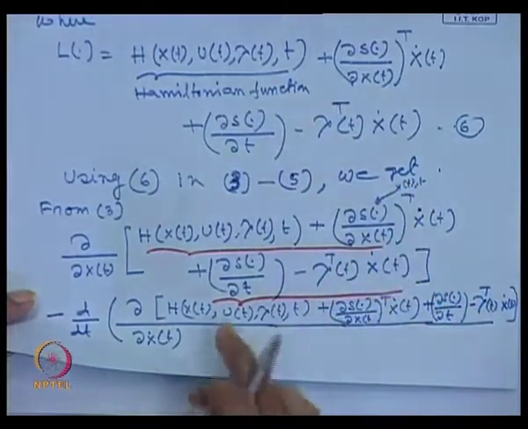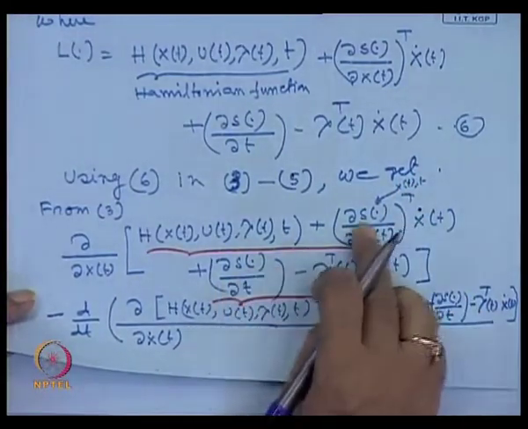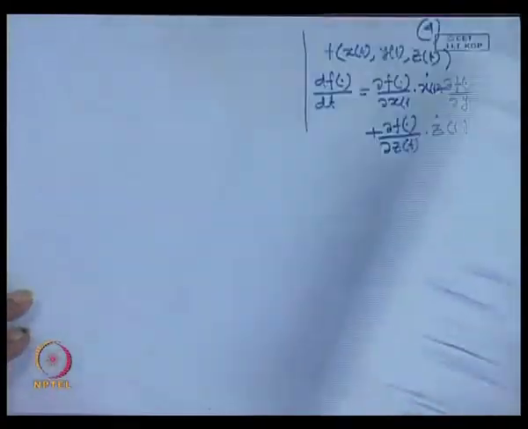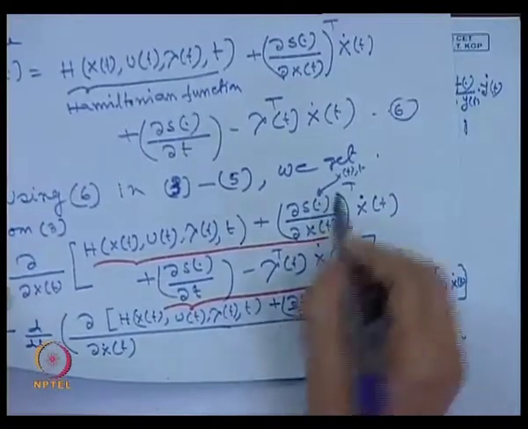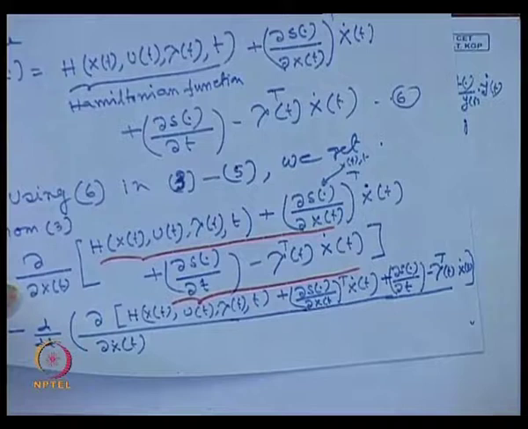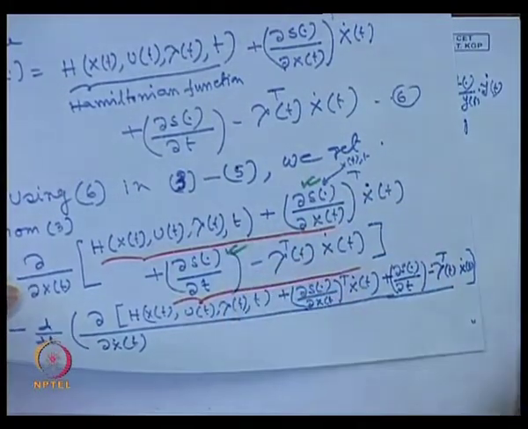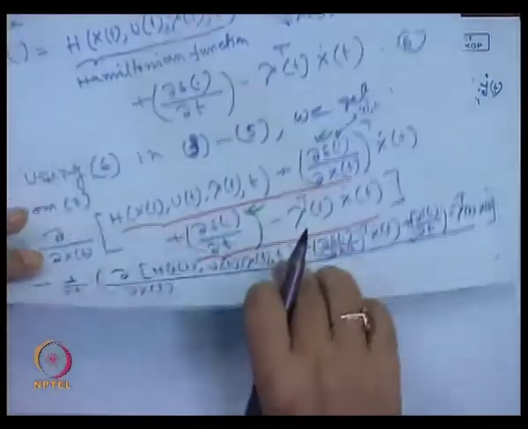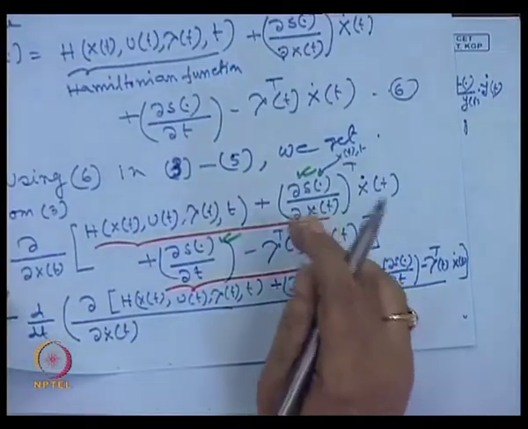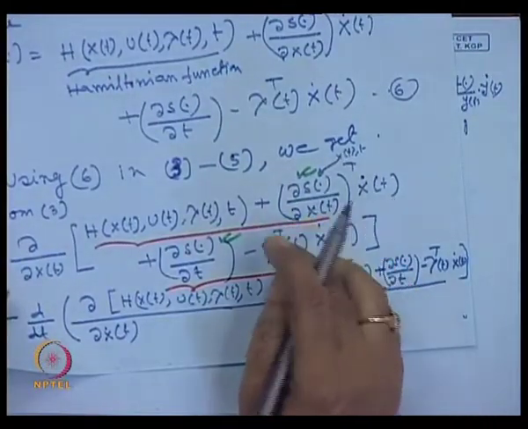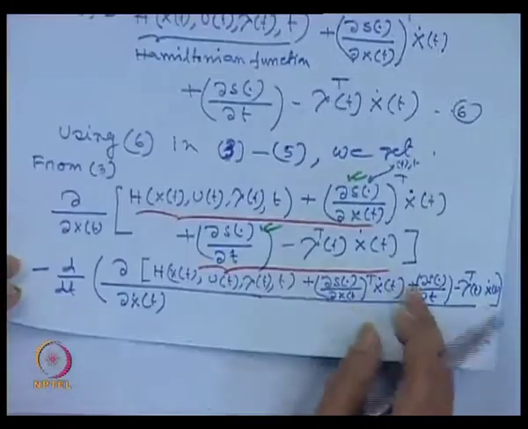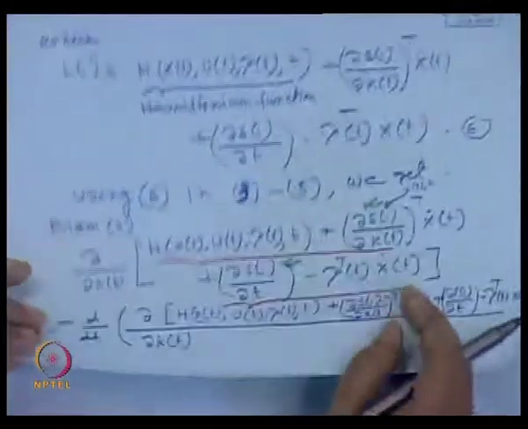Using the chain rule, this term and this term combined I can write as dS by dt. This and this combined I can write.